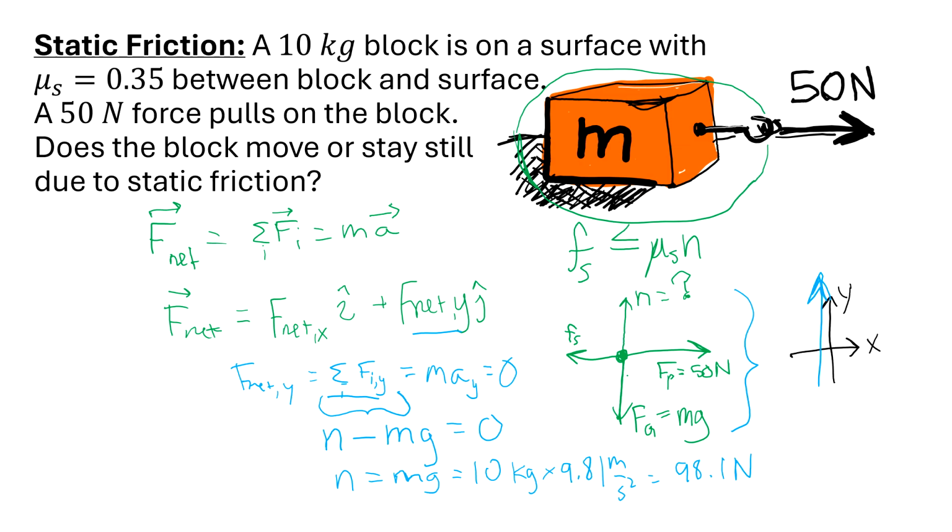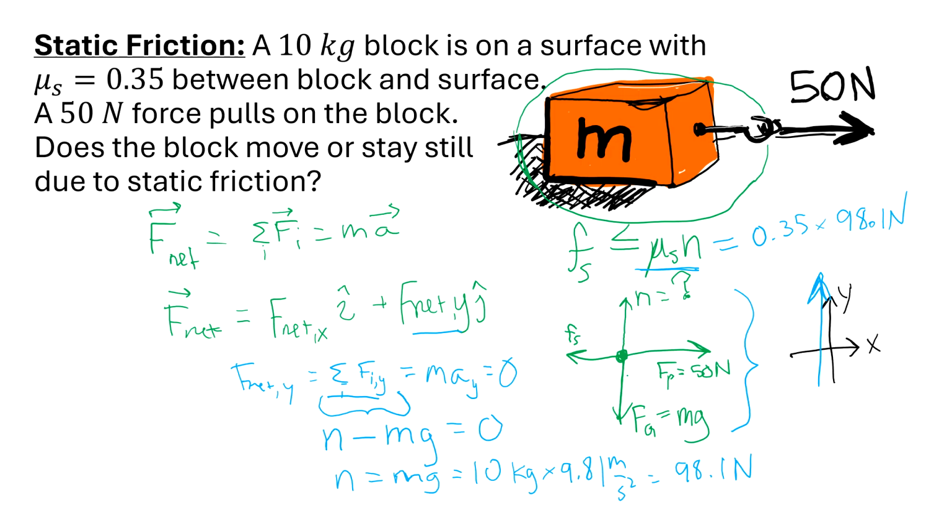Good. This is going to help us because now we can compute this value. Mu s times N is 0.35 times 98.1 newtons. And again, the 0.35 value is unitless. Mu is always a unitless number.